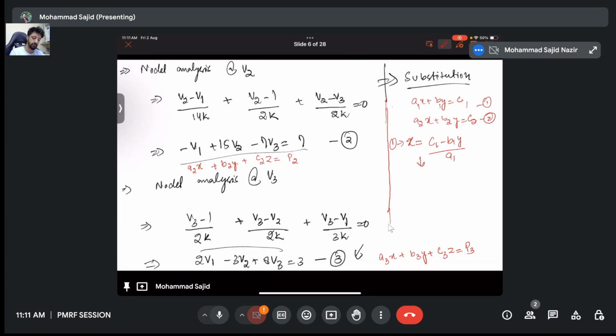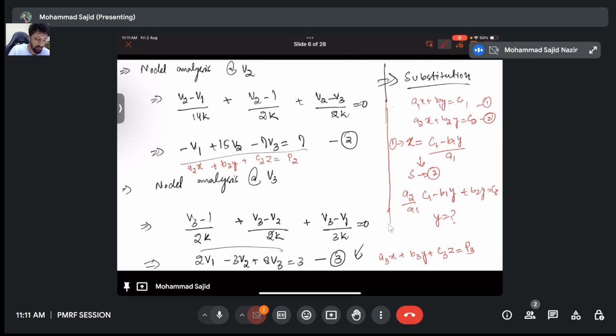And now you substitute in 2. I will get a2 by a1 times c1 minus b1y plus b2y equal to c2. Now you can get y from this equation because this is now in a single variable. This is the substitution method.